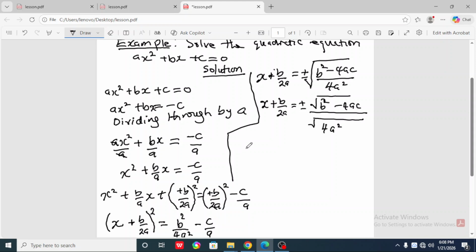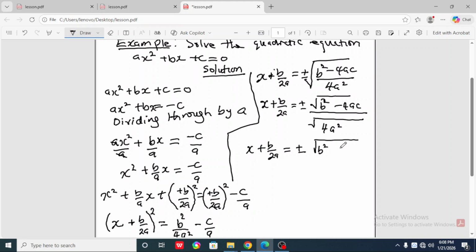So this will now give us x, sorry, this is x here. So this will give us x plus b over 2a equal to plus or minus square root of b squared minus 4ac.